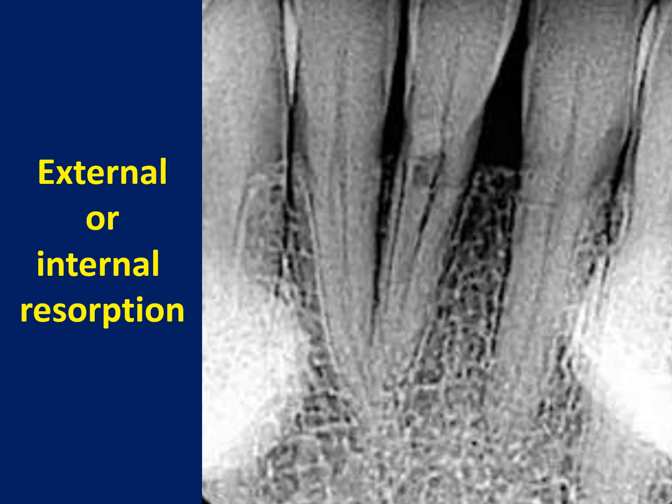Now, to differentiate between external or internal resorption, we have to look at the continuity of the pulp chamber or pulp canal. If the pulp canal is continuous, that means this resorption in red is external. If the pulp canal, which is in green, is not continued, in this case, it is internal.